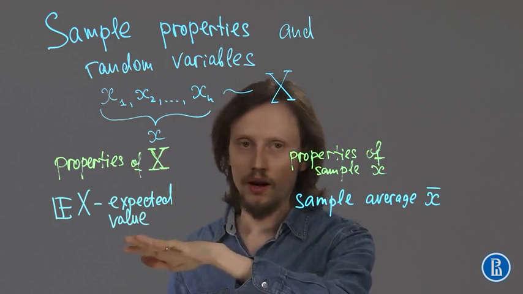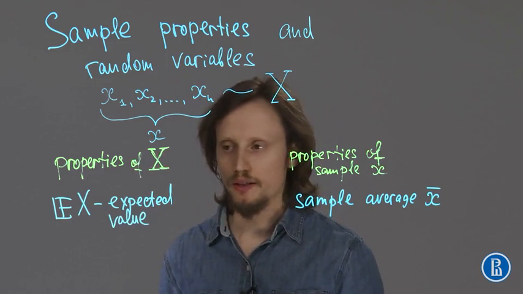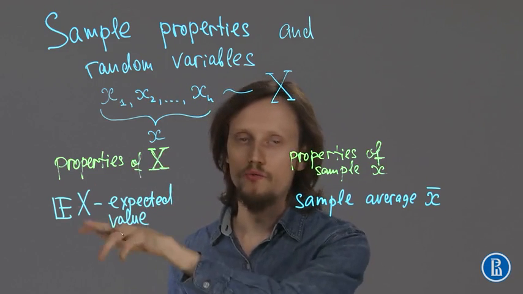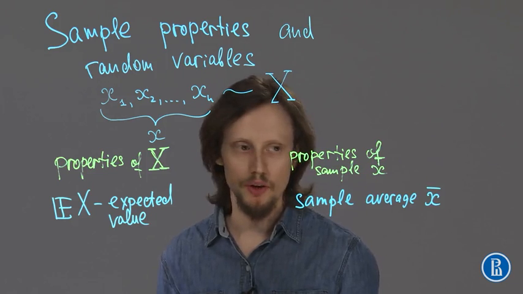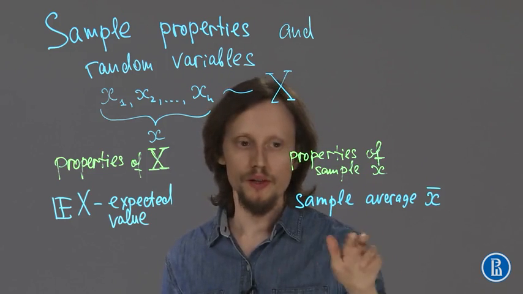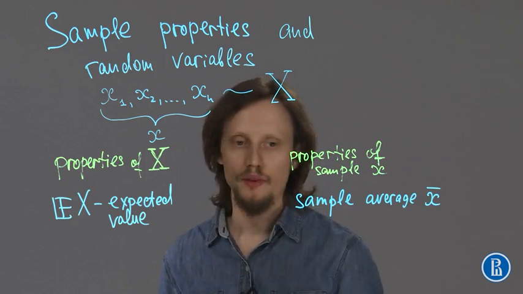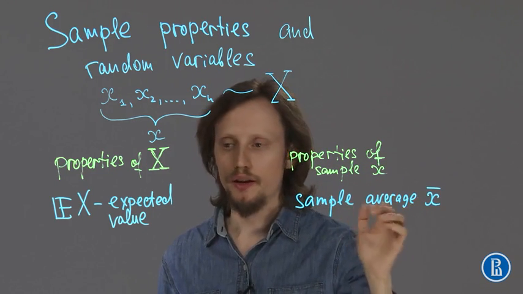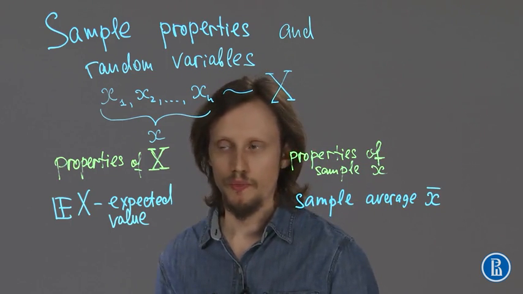As we discussed in the probability, the expected value is, in a sense, an average value of a random variable. Due to the law of large numbers, when we increase the size of the sample, when we increase n, the sample average tends to the expected value of the corresponding random variable.